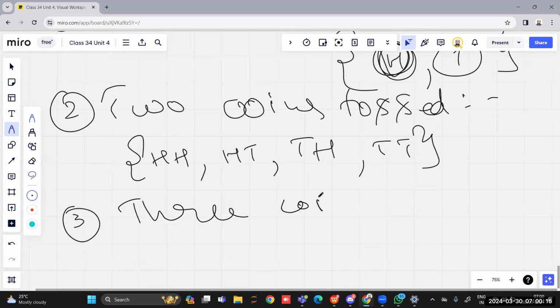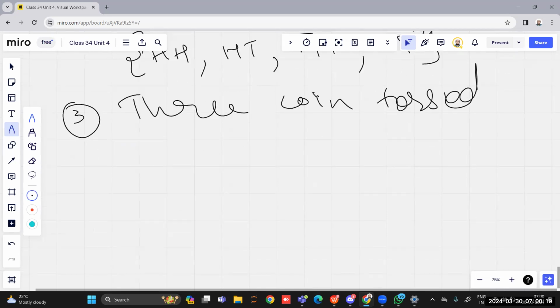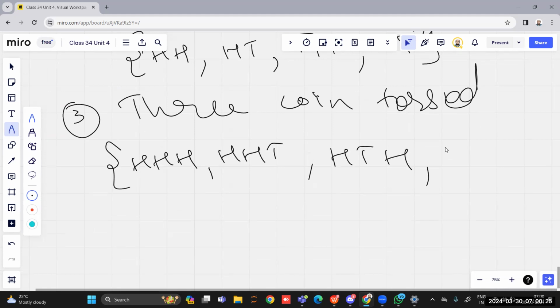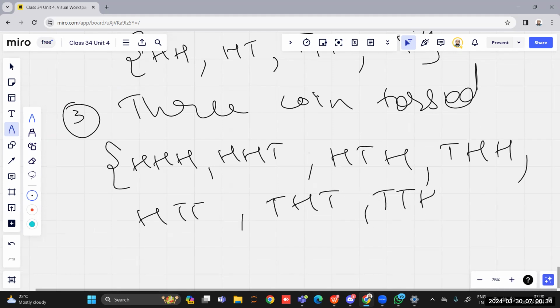What will be the sample space? HHH, HHT, HTH, THH, HTT, THT, TTH, TTT. So there are eight possible outcomes.